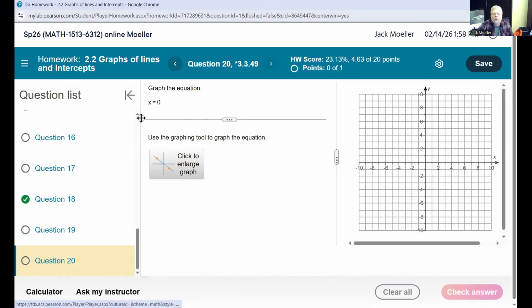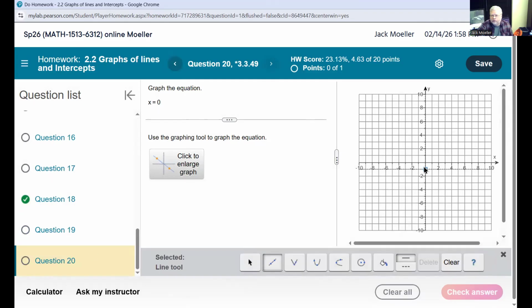Sometimes it throws people off when it's at 0, but if you get x equals 0, that is the y-axis because you're not moving left or right. If it was y equals 0, that would actually be the x-axis because all the y's are 0. But x equals a number is vertical, y equals a number is horizontal.